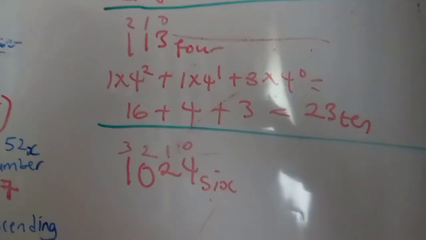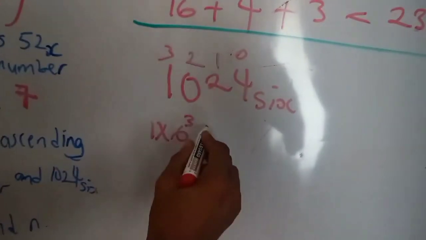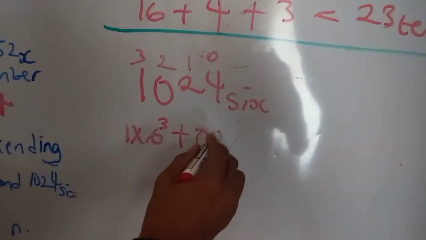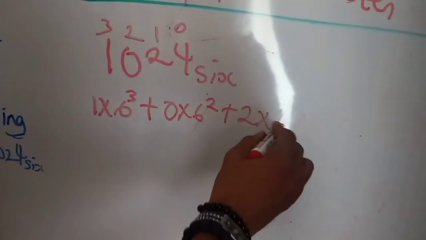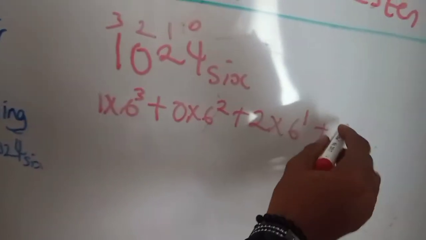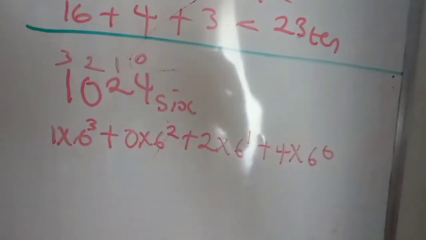So 1 times 6 to the power 3 plus 0 times 6 to the power 2 plus 2 times 6 to the power 1 plus 4 times 6 to the power 0.